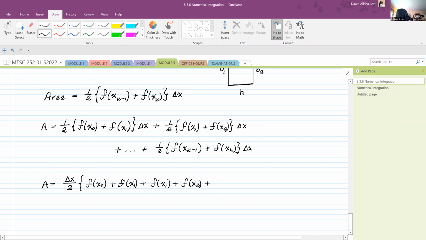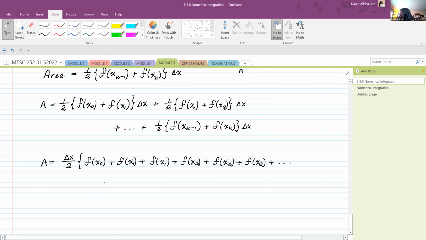From the next one, f of x2 plus f of x3. So I hope you guys are catching on now. All the way up to the last one, where I'm going to get f of xk minus 1 plus f of xk. And that's how we get the trapezoidal rule.